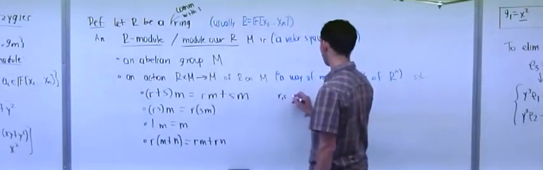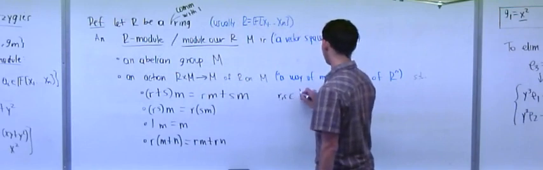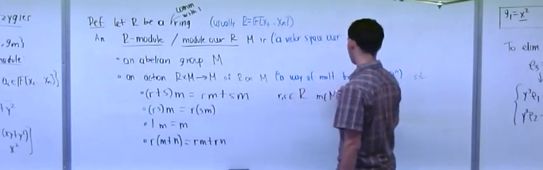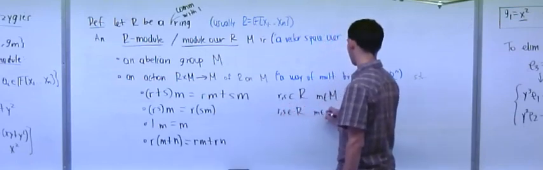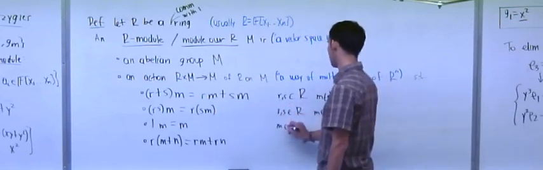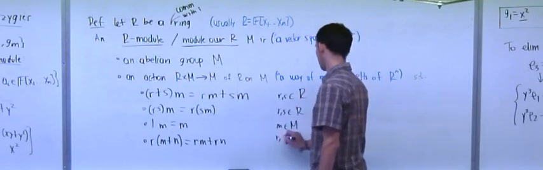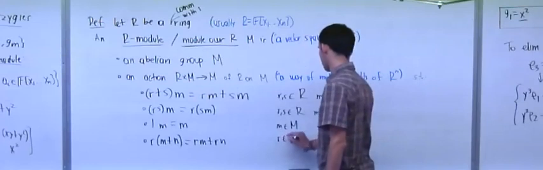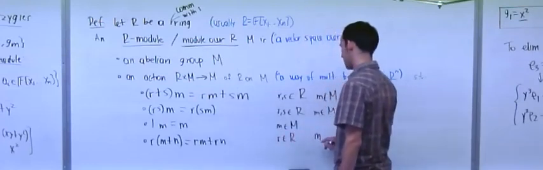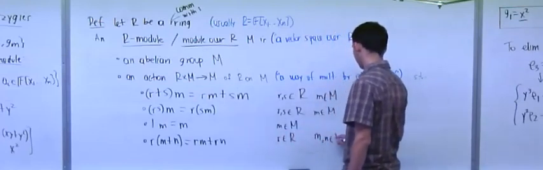This is for R and S in the ring and M in the module. This is for all M in the module, and this is for all R in the ring and M and N in the module. Okay.